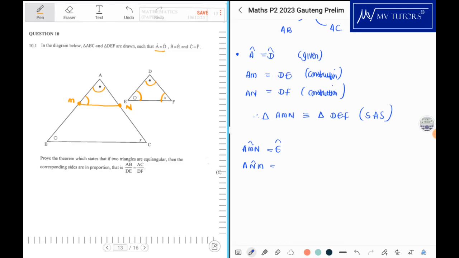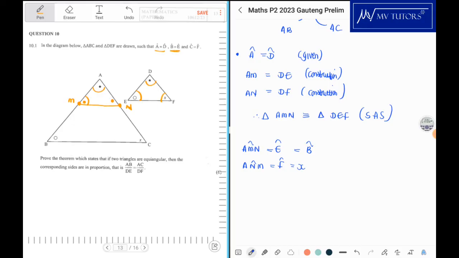So AN is equal to the X, which is F. Actually, we didn't even need to show that. What we can say with AMN, which is equal to E, we can also say that that is equal to B. All right. I hope you see that as well. And was it given to us? Yes, it was given that B is actually equal to E.